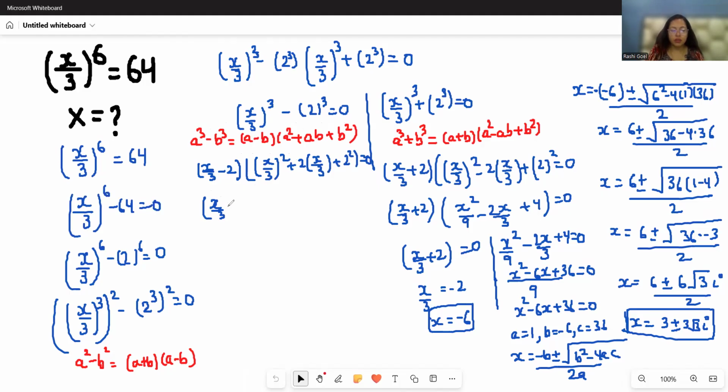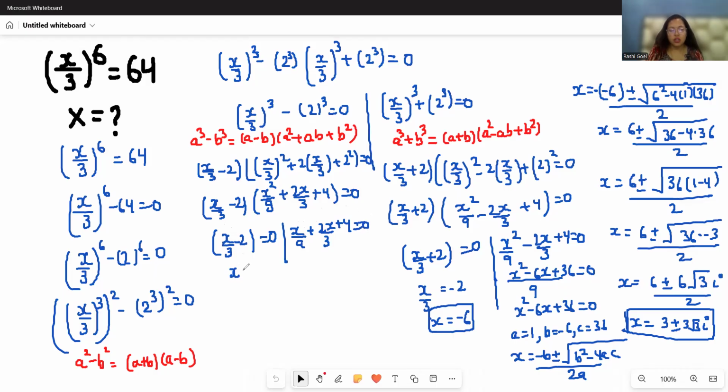So x/3 - 2, x^2/9 + 2x/3 + 4 equals 0. So here x/3 - 2 equals 0 first case, and second, x^2/9 + 2x/3 + 4 equals 0. So this gives x/3 equals 2 and x equals 6.